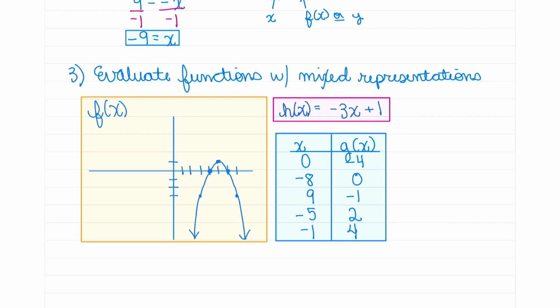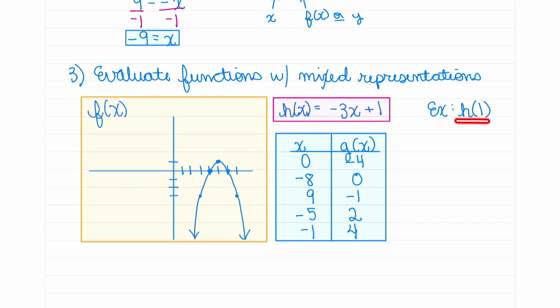Now let's say we're given something like this, where we are asked to evaluate a function. And let's say that our example problem looks like this. We're evaluating the function h at 1. Well, if we're given 3 different functions and our title for the one with h is here, the one that I've outlined in pink, then we're only going to plug in 1 here and here, and then evaluate that function.